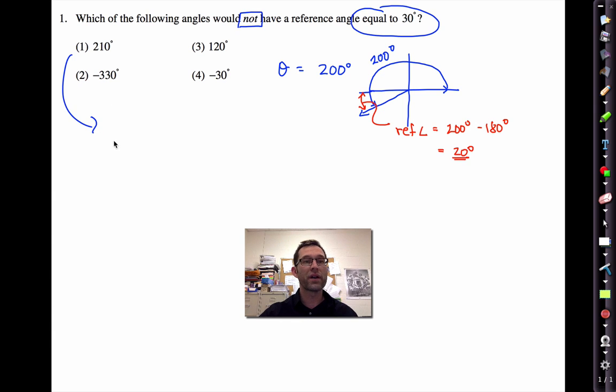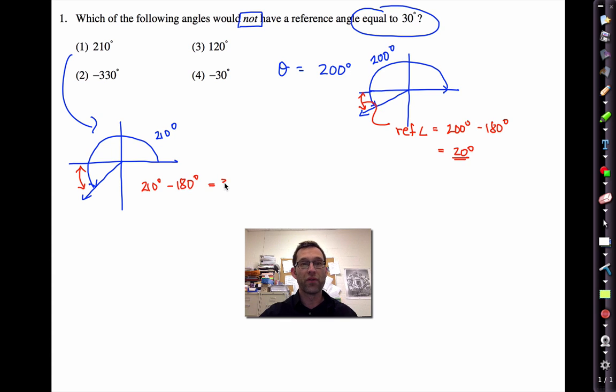Well, let's draw them one at a time. 210. A 210 degree angle is also in the third quadrant. And if I wanted to figure out the reference angle, again drawn in red, I would do 210 minus 180, and that would be 30. So its reference angle would be 30. So that's not the answer I'm looking for.